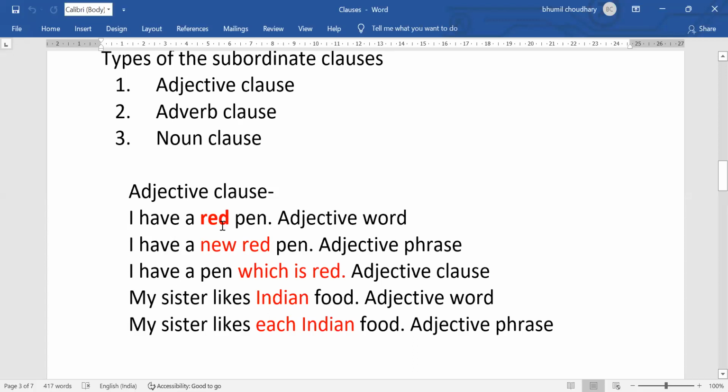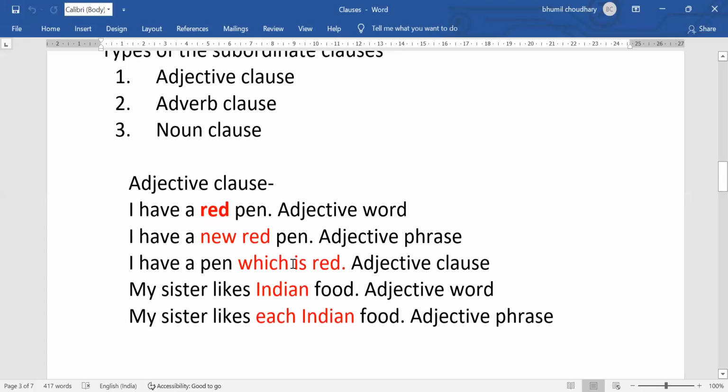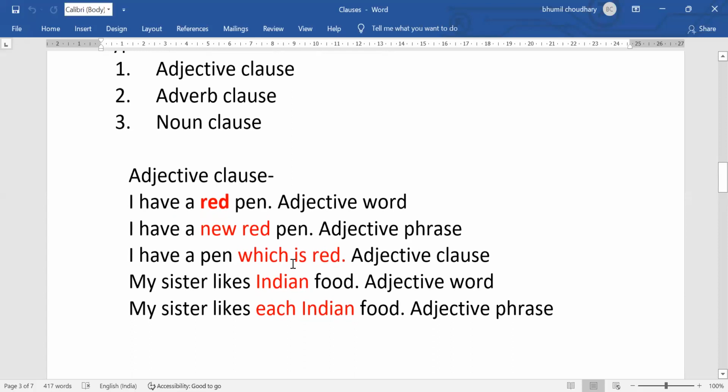So if there is one word that is qualifying any noun or pronoun, it means that is an adjective word. But if there are more than one word, it means that is not only a word, that is a phrase. But the same thing, dear students, we have to understand here: if any clause is describing any noun or pronoun, telling the quality of any noun or pronoun, it means that clause is an adjective clause, right?